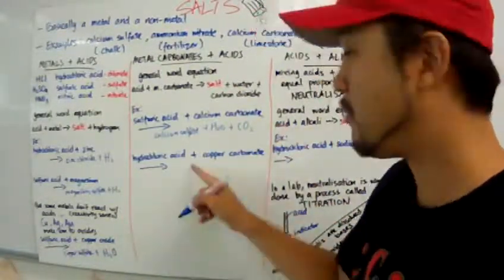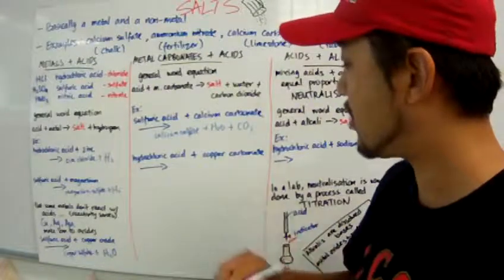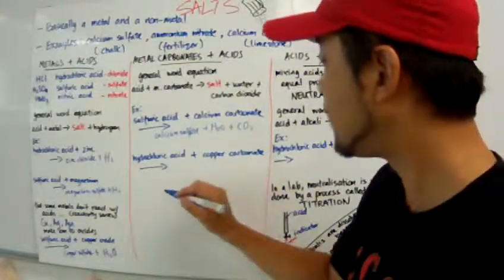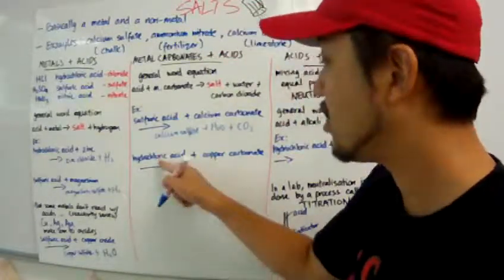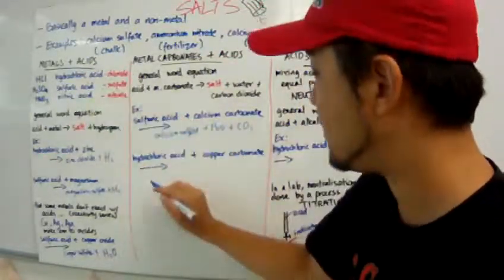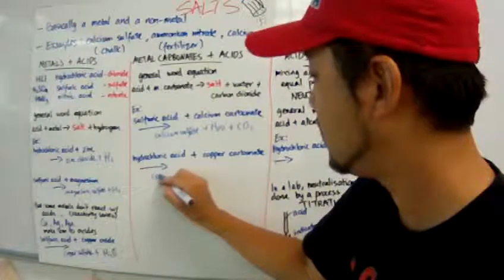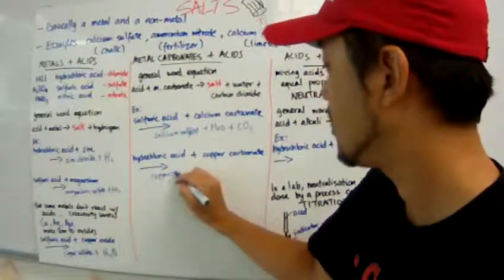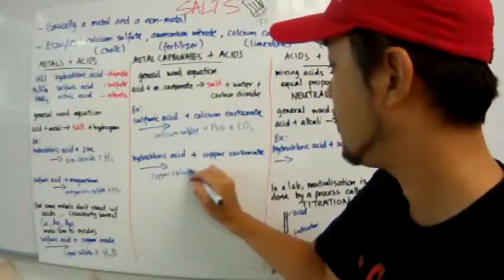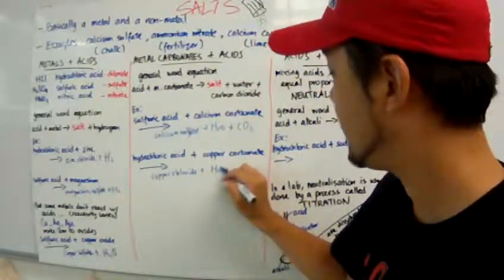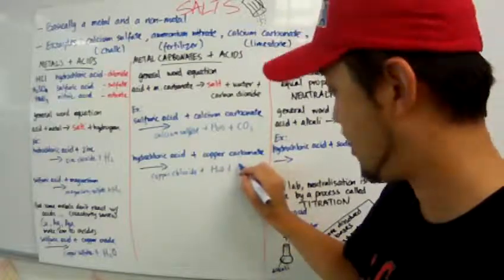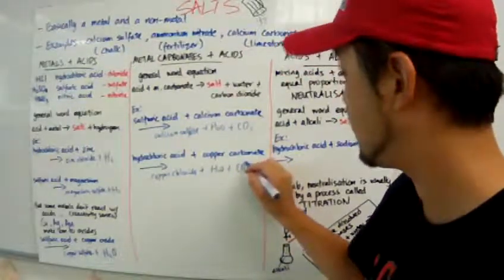Cool? What about hydrochloric acid with copper carbonate? Well, you should get copper chloride. Chloric will mean chloride. Copper chloride, and water, and CO2, carbon dioxide.